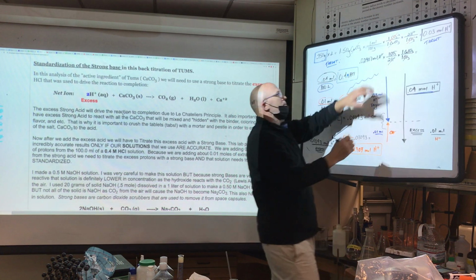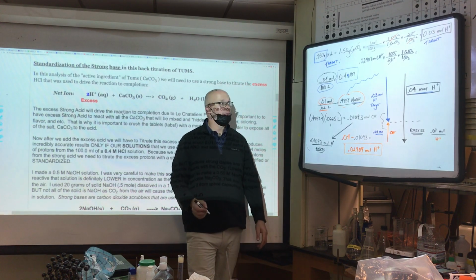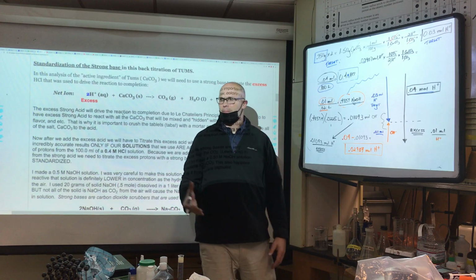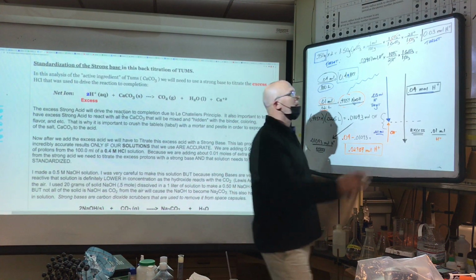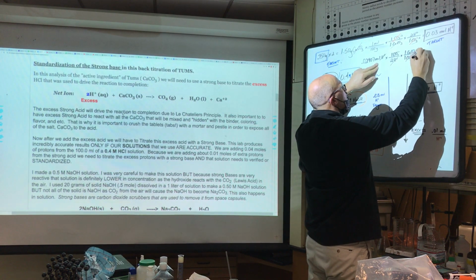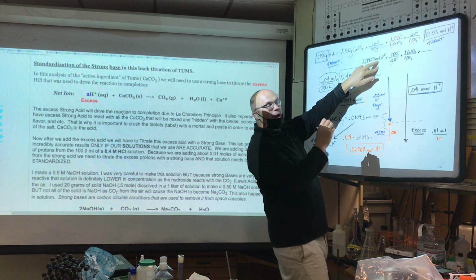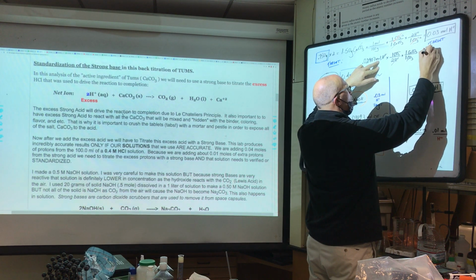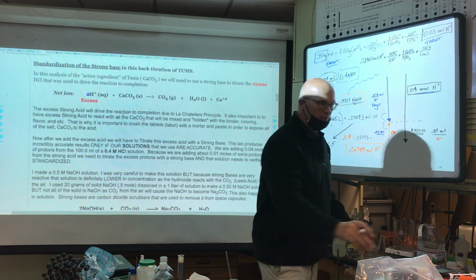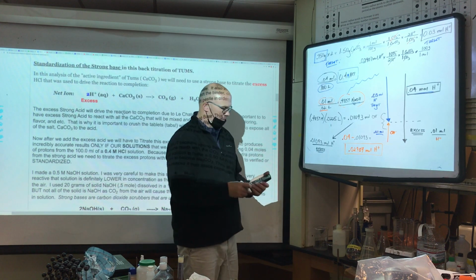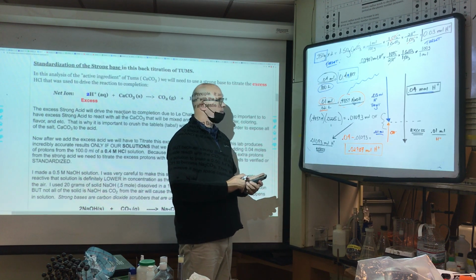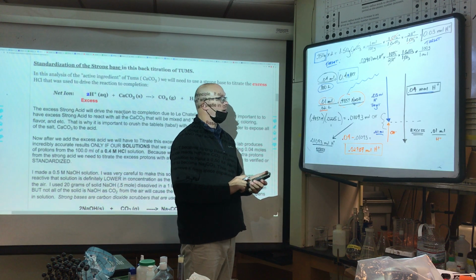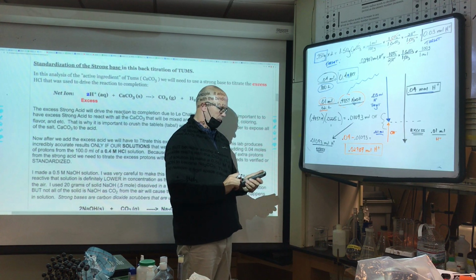So essentially, I'm dividing by 2 to get the moles of calcium carbonate. But I want grams. Where's the mole? On top. And I know it's 100 grams. And we'll see what we got here. 0.02907 divided by 2 times 100.